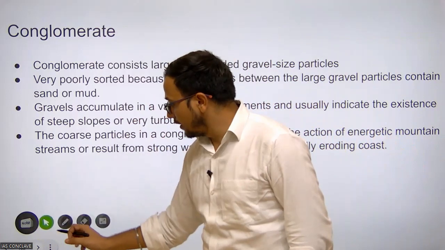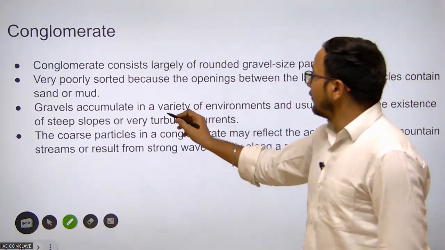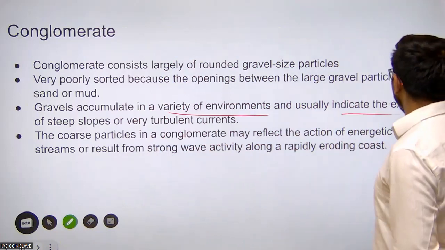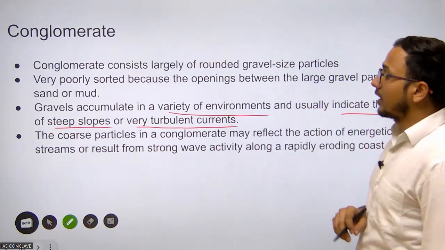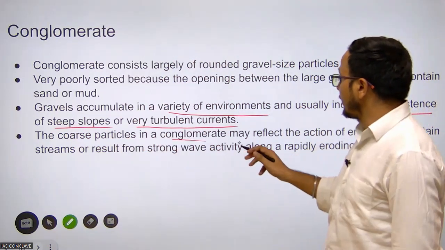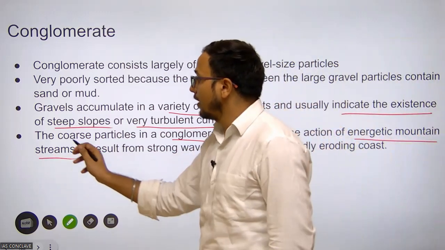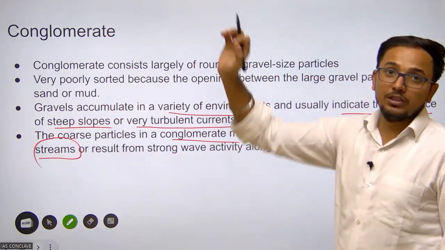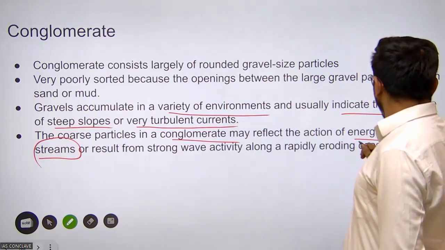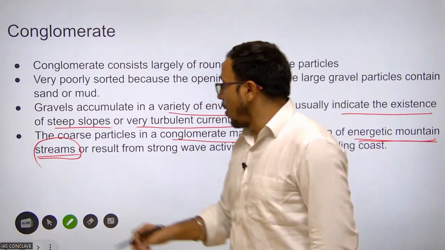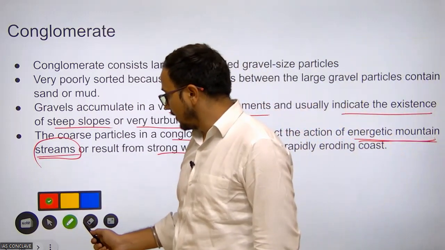Gravel accumulates in a variety of environments and usually indicates the existence of steep slopes or very turbulent currents. The coarse particles in conglomerate may reflect the actions of energetic mountain streams. Why? Because these are very poorly sorted. They will form by energetic mountain streams or result from strong wave activity. So these are the conglomerates.